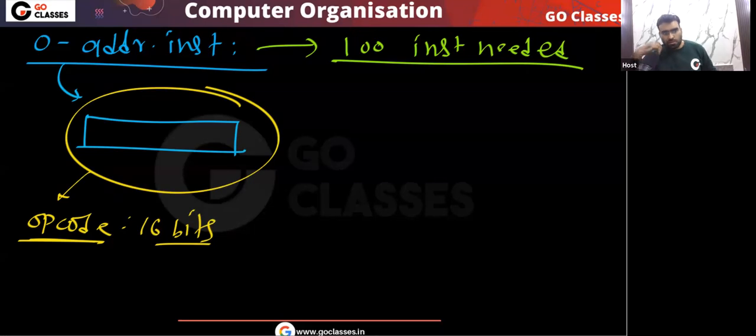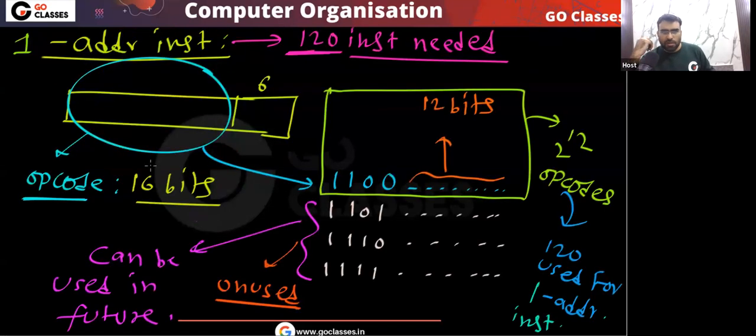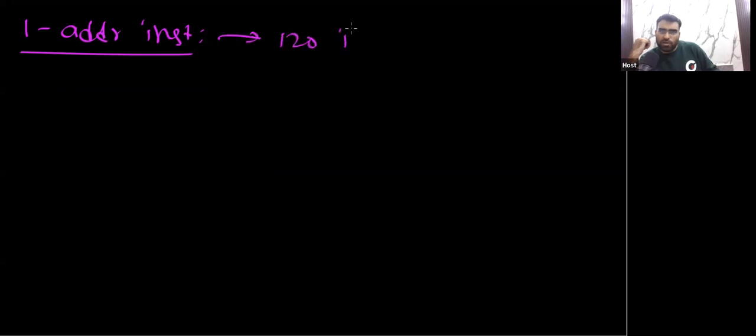Let's focus on the one address instruction first. In the one address instruction, I need a total of 120 instructions.